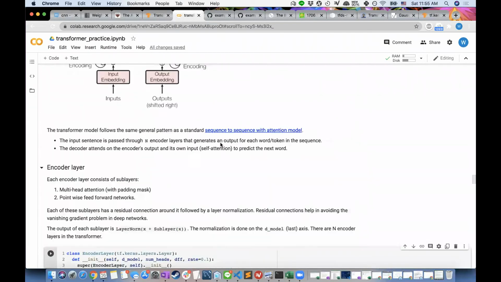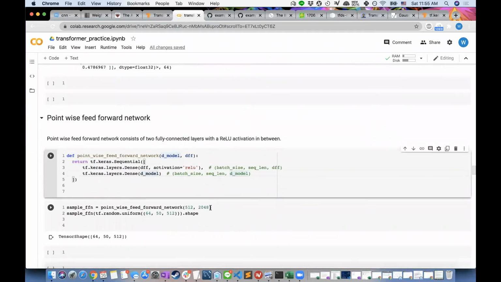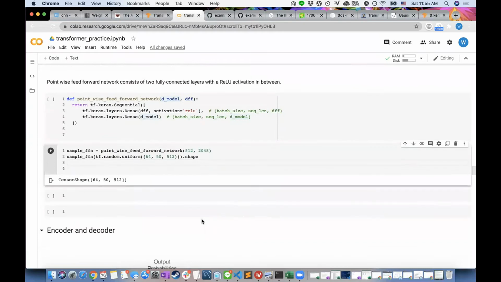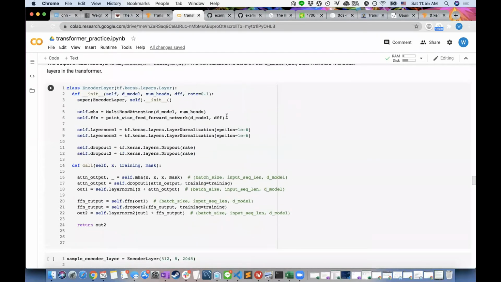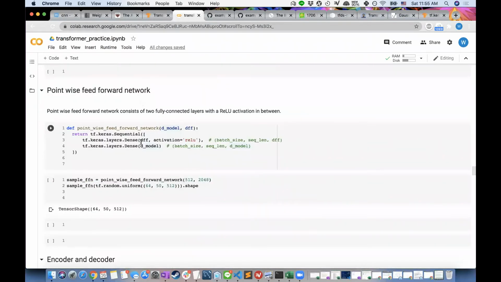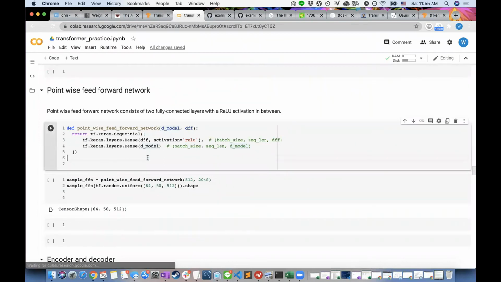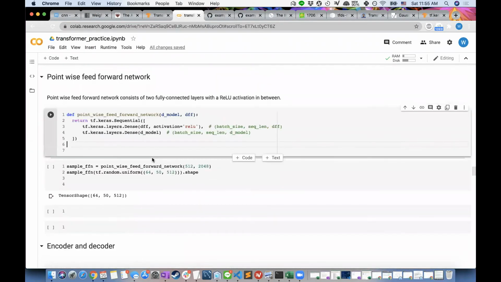I don't know what this DFF is. It's 2048. I don't know why it's set as 2048. Let's see what this is. Does anyone know what this DFF is? Perhaps it's the number of nodes in the hidden layer of that feed forward?